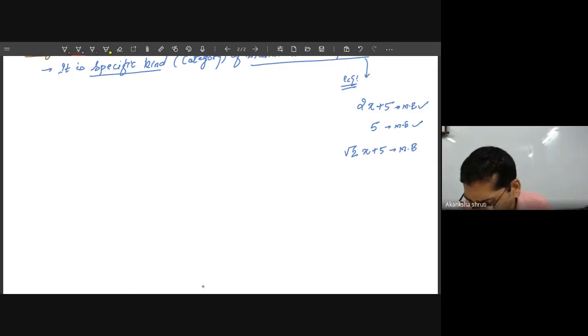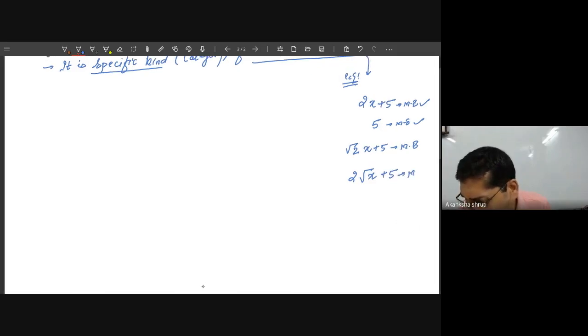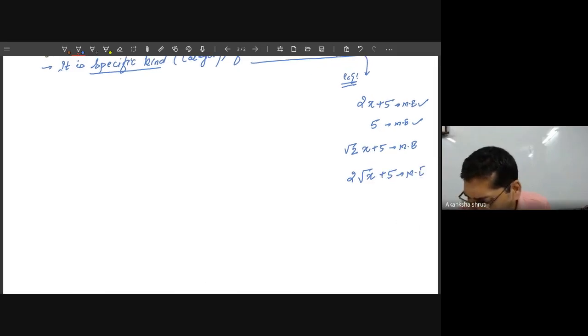If we take root x plus 5, this is also a mathematical expression. Mathematical expressions have no bar or any condition. Whatever variables and constants we can write is a mathematical expression.